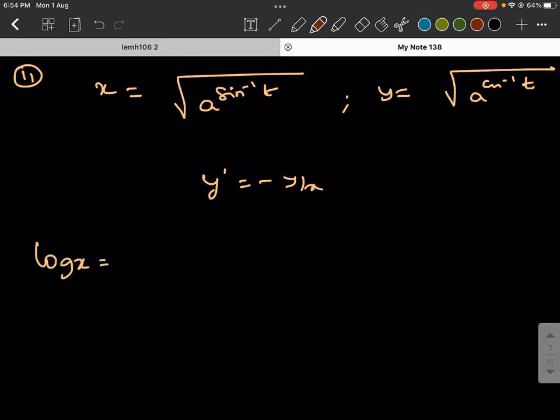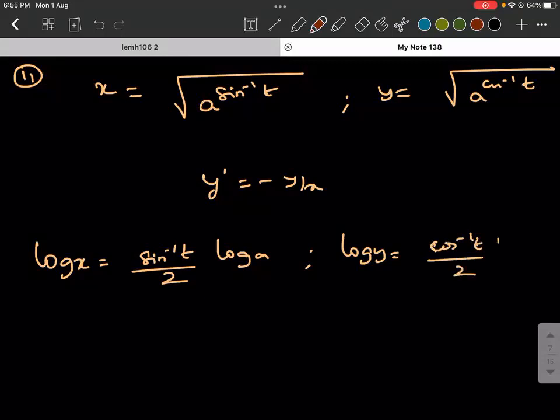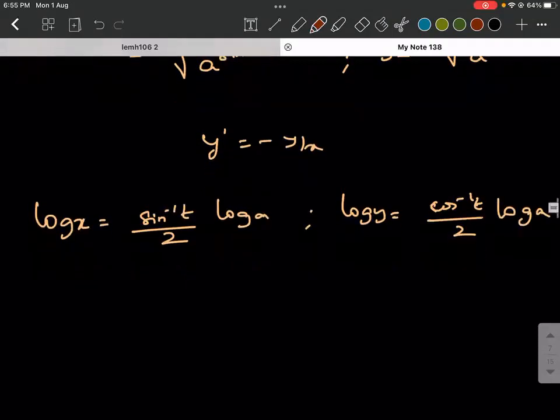Log x is equal to half into log a power sine inverse t, or sine inverse t by 2 into log a. Similarly, log y will be equal to cos inverse of t divided by 2 into log a.